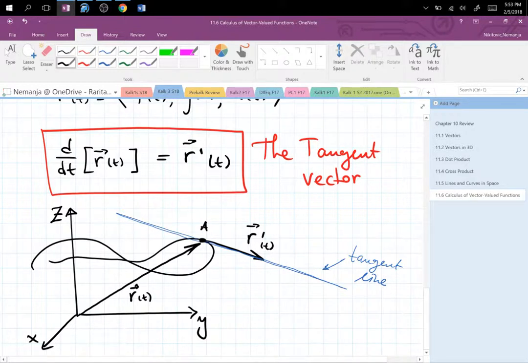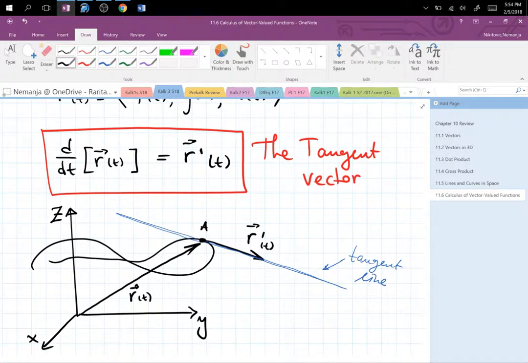So what you have here is some kind of a space curve, a curvy space, right? And at each point of this curve, there is going to be a tangent line.